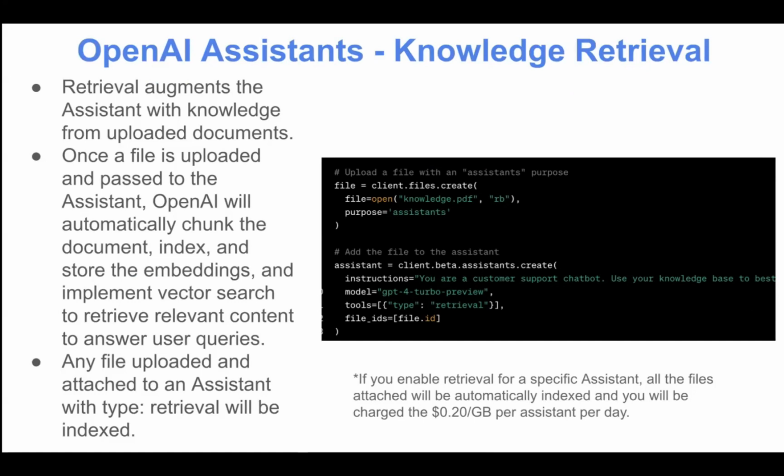Kind of what I talked about before, it's going to implement a vector search of your document or documents. And when it finds a part of that document that's relevant to a query that a user has given, it's going to provide that to the model, so it can reference that document and the information in it.